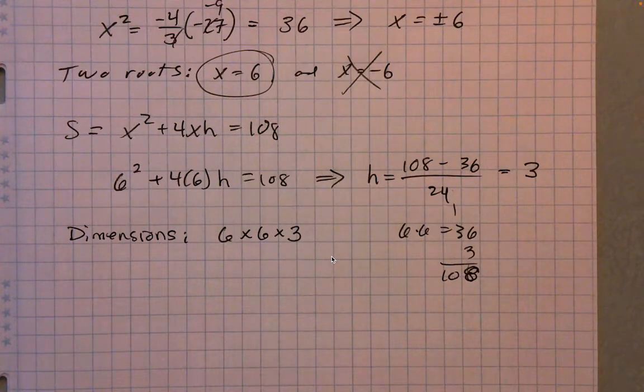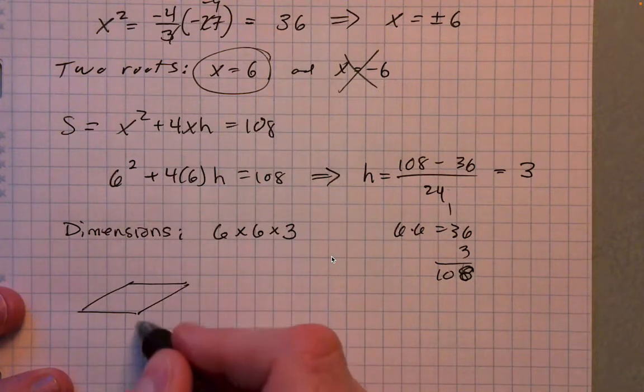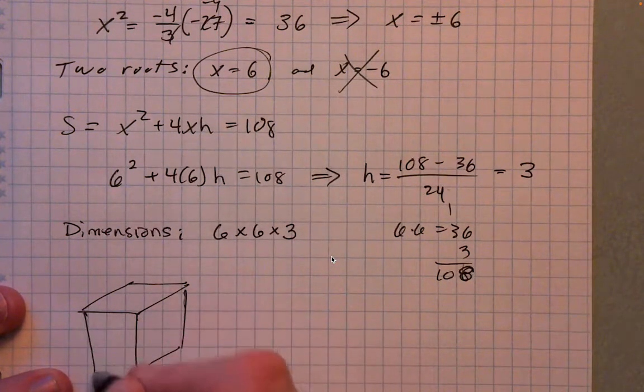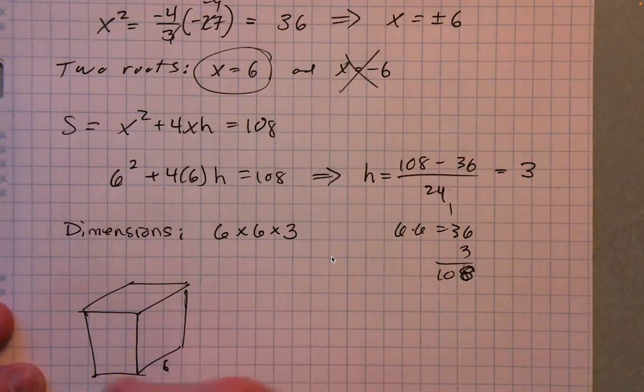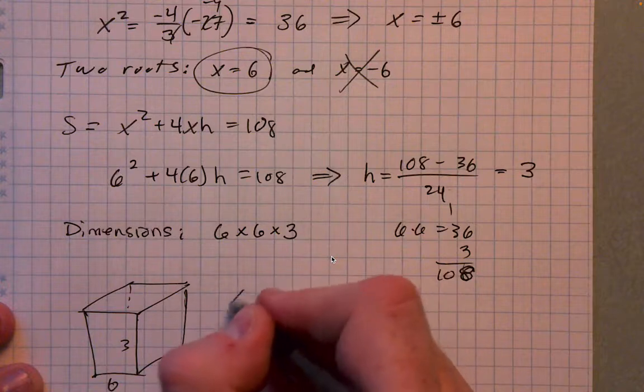Okay, all right. So that's our first example. Here what we did was we had an open box, and we figured out 6 by 6 by 3 produces max volume.